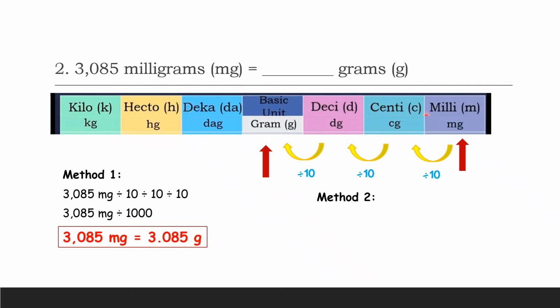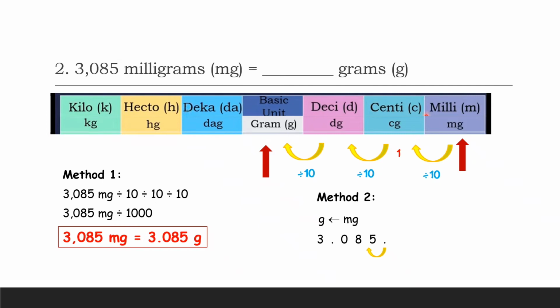For method number 2, since we are converting milligrams to grams, we will move the decimal point from right going to left.